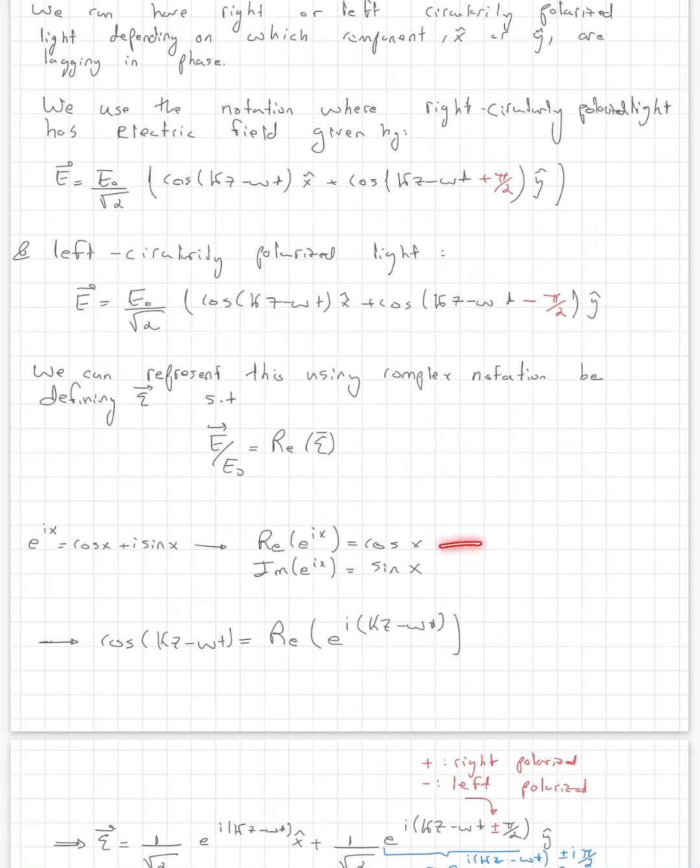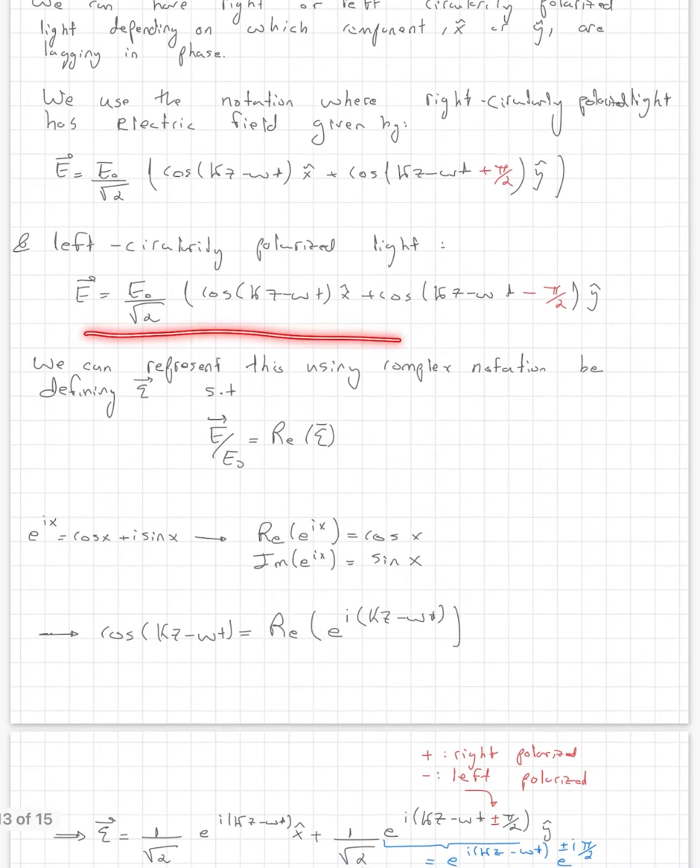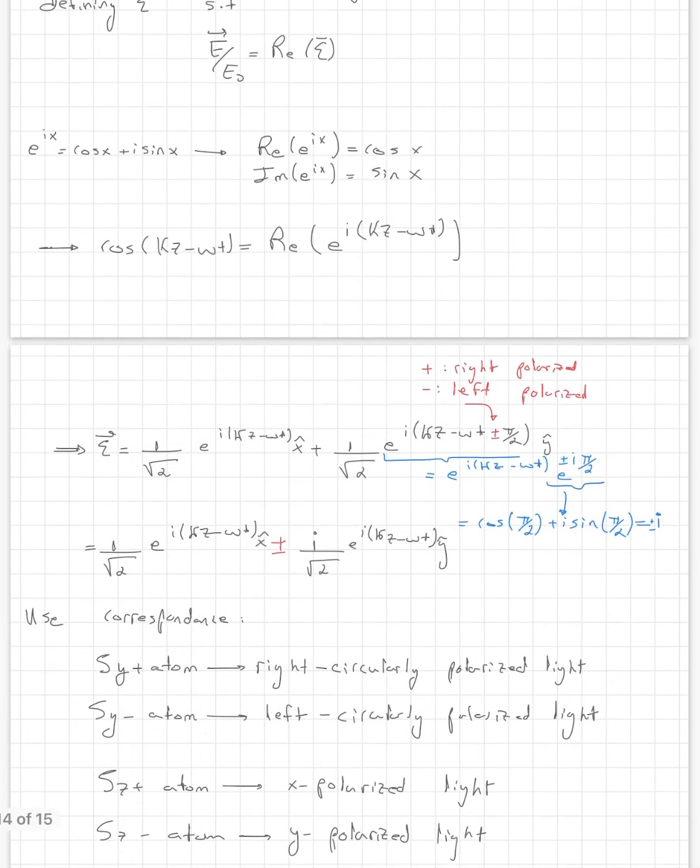The real part of e to the ix is cos x, and the imaginary part of e to the ix is sine x. So if we compare this with our formulas over here, we can say that, for example, cos of kz minus omega t is just the real component of e to the i(kz minus omega t). So we can work in this notation to simplify the math, and then if we want to go back to our initial notation, all we have to do is take the real part of our final expressions.